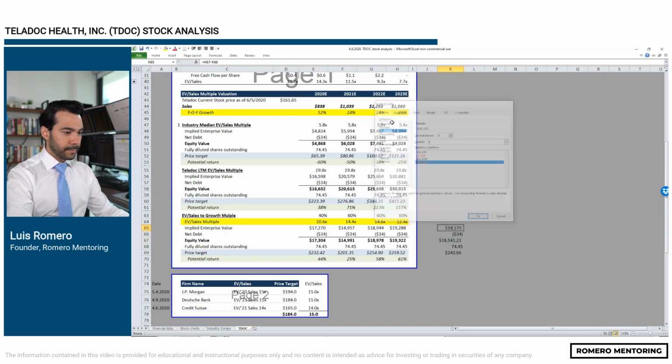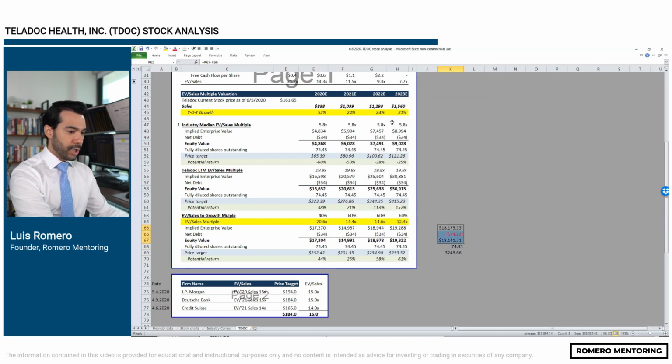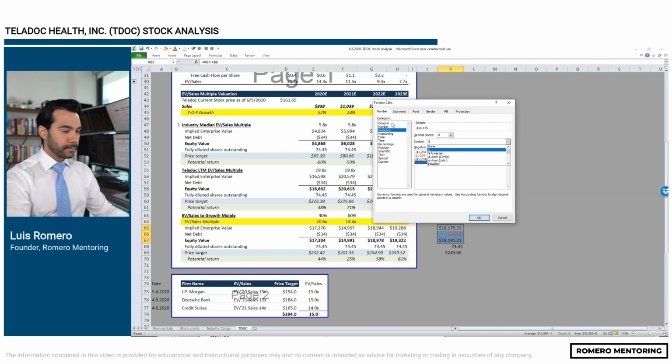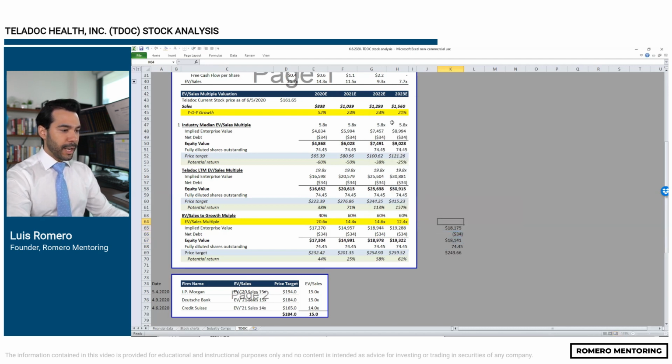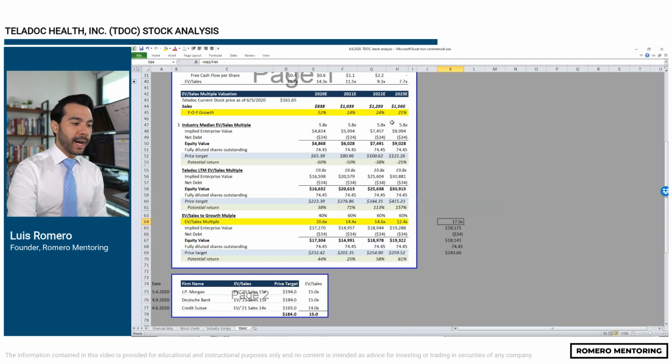Yep. It's changing the format. Enterprise value. And then what is the sales? Let's put sales up here. Actually, take the enterprise value and divide it by, let's say, 2021 sales. What multiple do we get? We get a 17.5 multiple on a $243 price target.